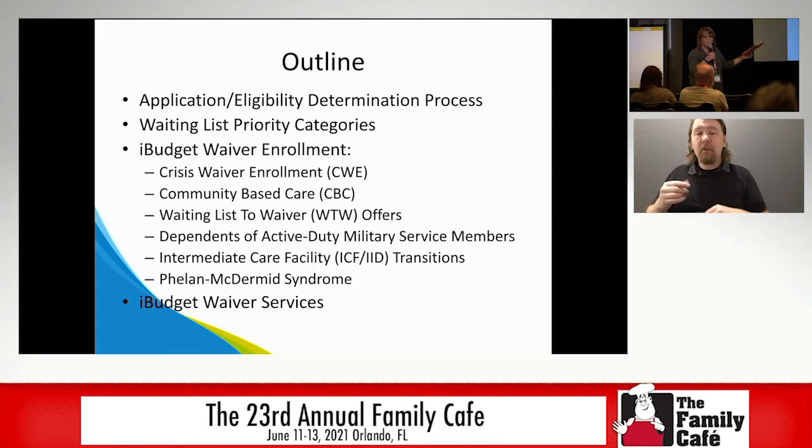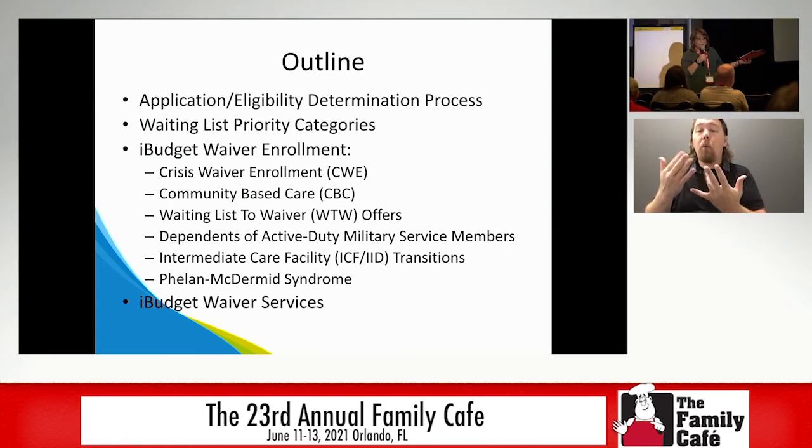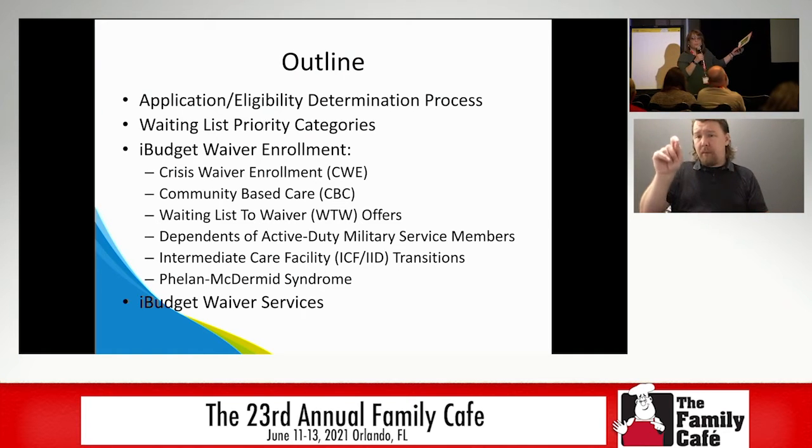So I'm going to explain to you our waiting list and our waiting list priority categories. And everything you see under bullet number 3, those are the ways in which someone is able to get a waiver spot. And so we're going to discuss each of them, and I'm going to briefly tell you about our iBudget waiver services.